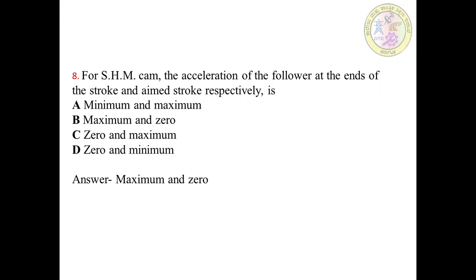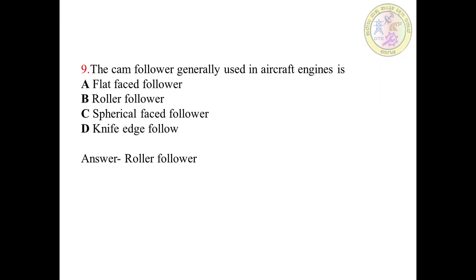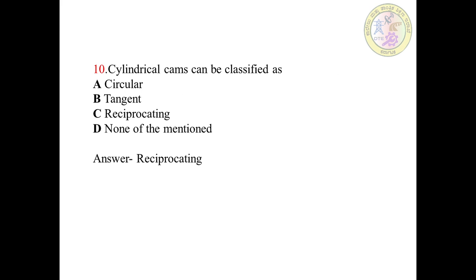For an SHM cam, the acceleration of the follower at the ends of the stroke and mid stroke respectively is maximum and 0. The cam follower generally used in aircraft engines is the roller follower. Cylindrical cams can be classified as reciprocating.